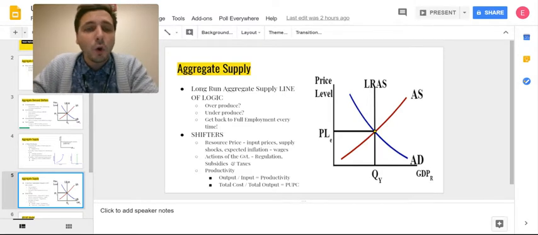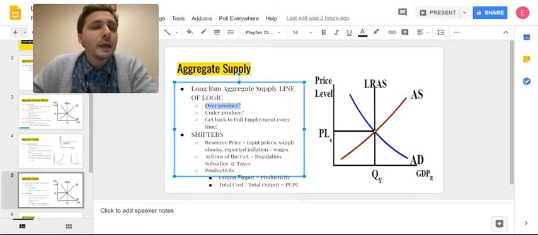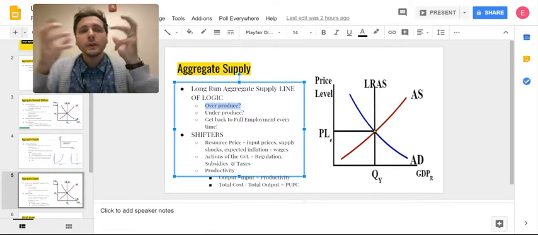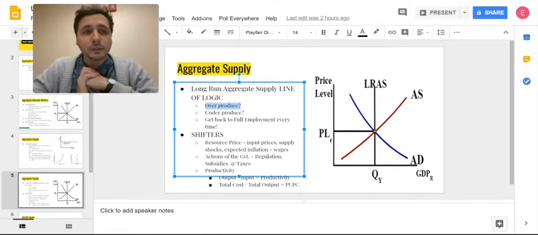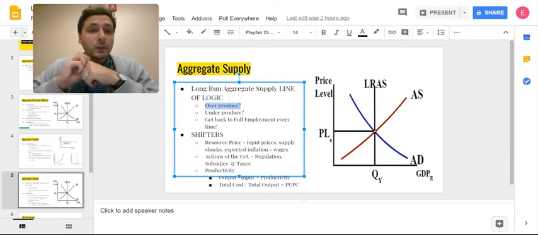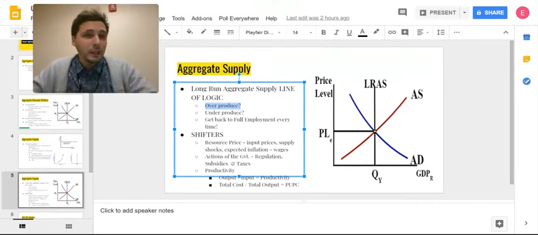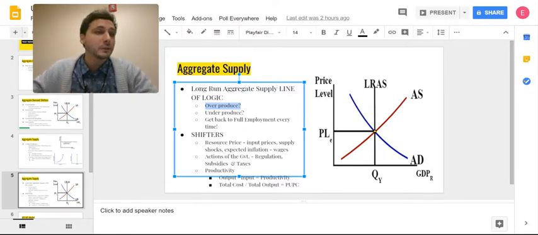Okay, so let's say we overproduce. In the event that our businesses, plural, because this is aggregate, are overproducing, producing beyond our capacity, our equilibrium is somewhere over here. Our GDP is higher than full employment GDP. What's going to happen is all these businesses are going to bid up the prices of resources. There's only so much land, so they're going to fight over that land and bid up the price. There's only so much labor, they're going to fight over that labor and bid up the price, because all the businesses are doing well.